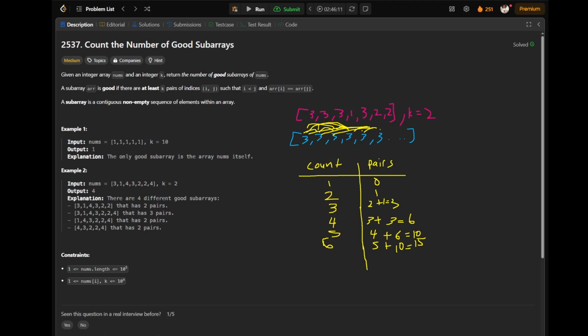So there is pretty much a pattern here. For every count, it depends on the previous count and pairs. So if we have i count of a value, then the number of pairs for this is i minus 1 plus pre-pairs.